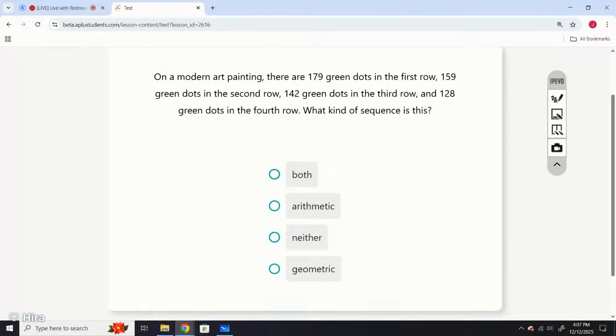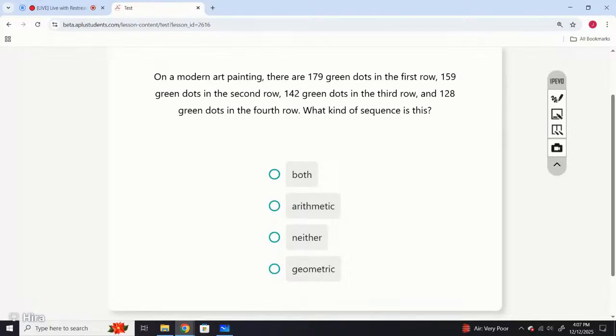On a modern art painting, there are 179 green dots in the first row, 159 green dots in the second row, 142 green dots in the third row, and 128 green dots in the fourth row.